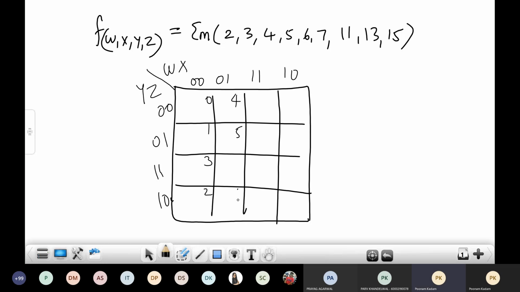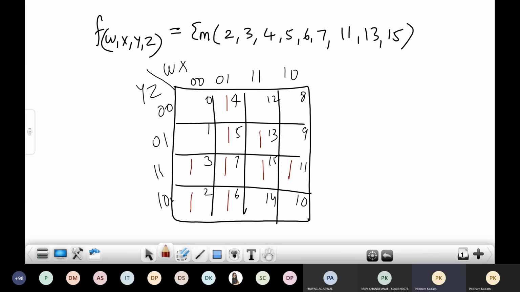Please solve in your book. So one will come in cell number 2, cell number 3, cell number 4, cell number 5, 6, 7, 11, 13, and 15. This is the K-map for this function.